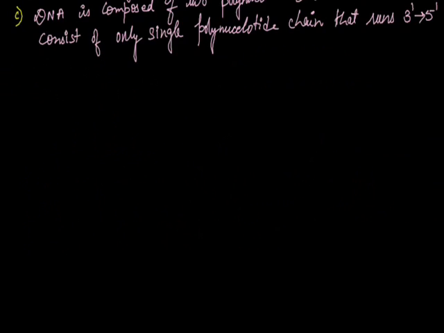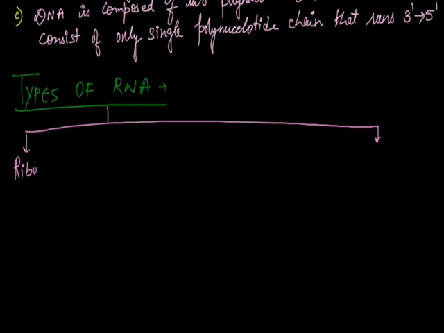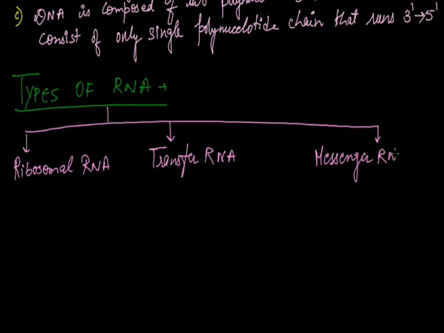Now we're going to discuss types of RNA. There are different types of RNA, but the major types are three. First is ribosomal RNA, second is transfer RNA, and the third is messenger RNA.